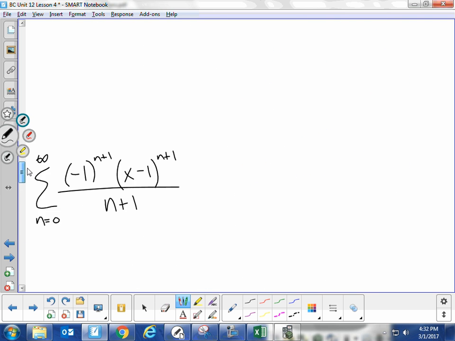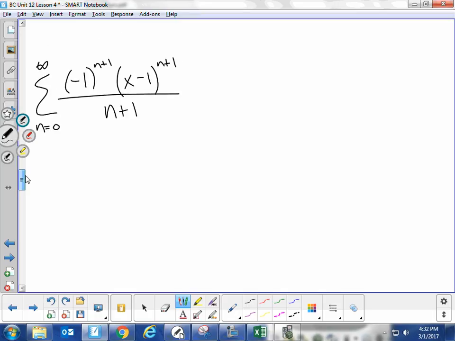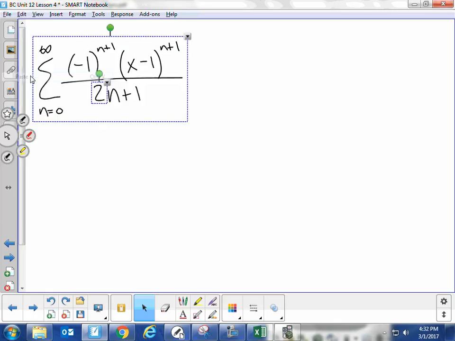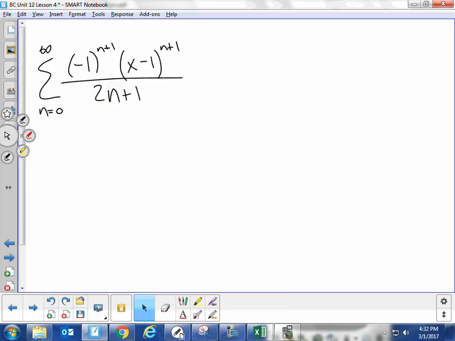Let's do this one. Okay, we want to find the radius and the interval of convergence for this series.